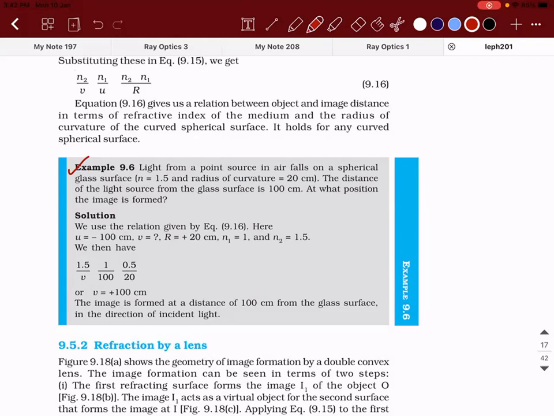Is it going to be curved? What kind of a curved surface? Okay, on a spherical glass surface, and the distance, radius of curvature. See, actually, the question is ambiguous. Because the object is kept on this side, accepted, but there is a possibility of the spherical surface to be like this, or there is a possibility of the spherical surface to be like this also.